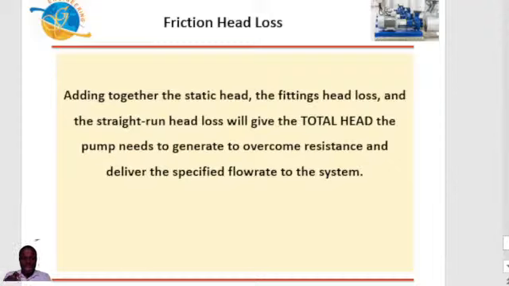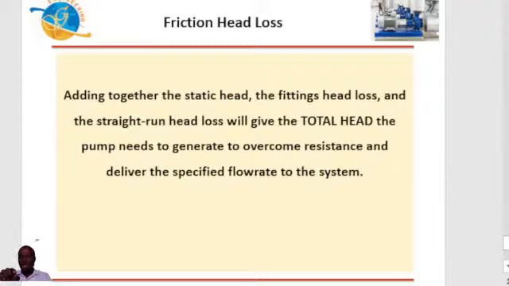So adding together the static head and the fittings head loss with the straight run head loss, in which the two of them is just what? Is just the frictional head loss. It will give you the total head the pump needs to generate to overcome resistance and deliver the specified flow rate to the system.